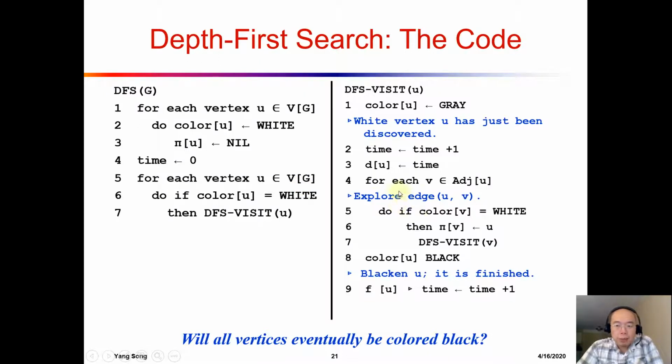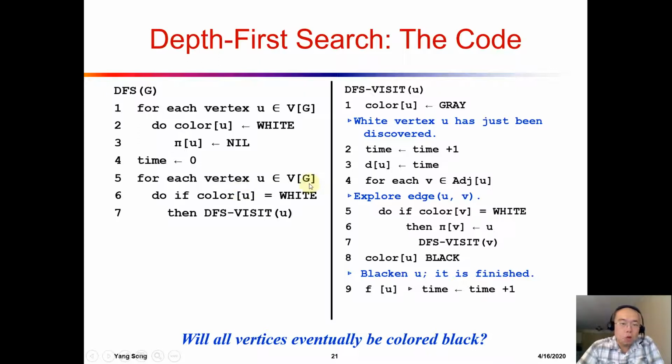And the second iteration visits all the adjacent nodes of the node u, and if the color is white, we do a Dfs visit. So there are two places. The one on the right side only visits the adjacent nodes of the current node u. However, on the left side, we have an iteration that guarantees we will visit all the nodes in the graph.